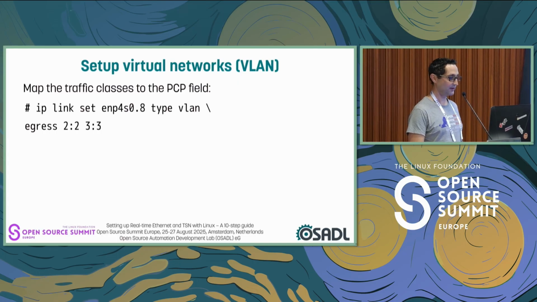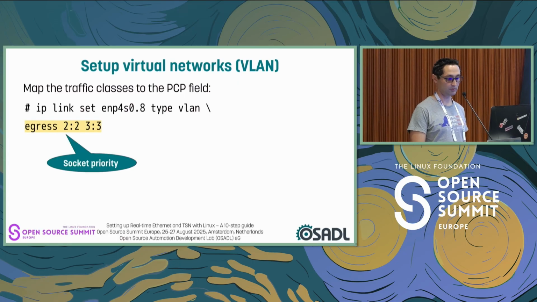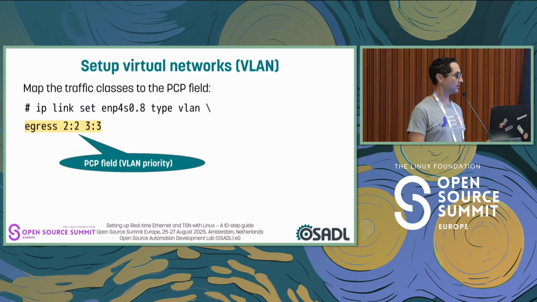It's as simple as that. The egress policy would basically say, whenever we use socket priority 2, I want to put 2 in the PCP field, so it's VLAN priority 2, and so on. So when the packet goes out, you have this additional information that any participant in the network can look at the PCP field and then decide what to do with the traffic.